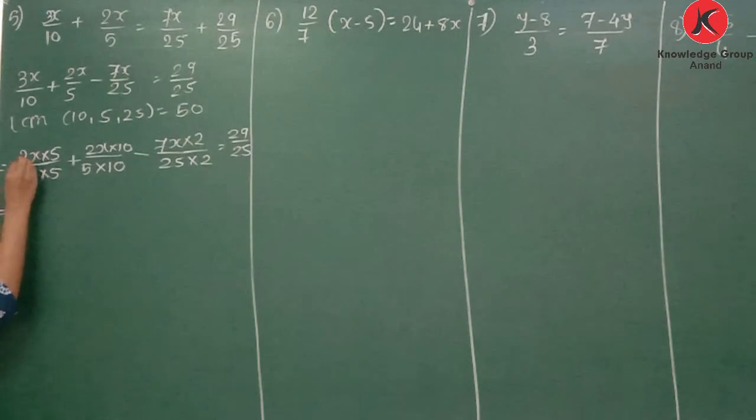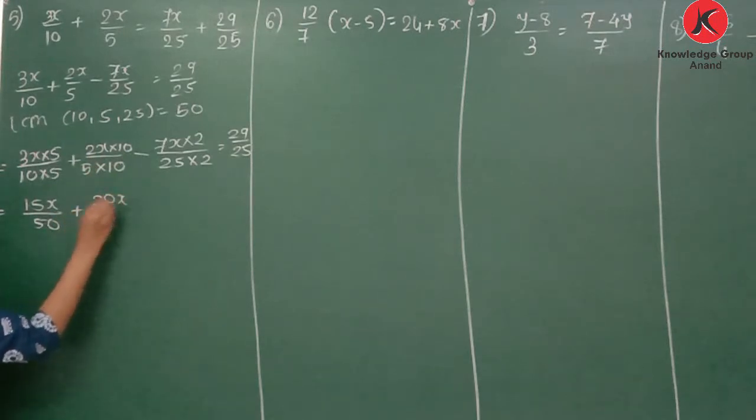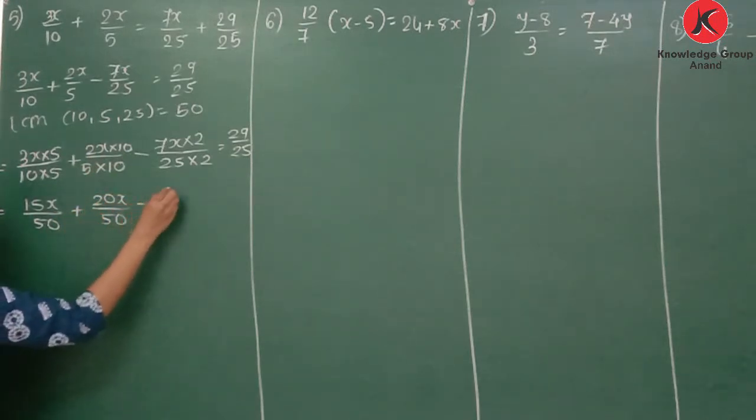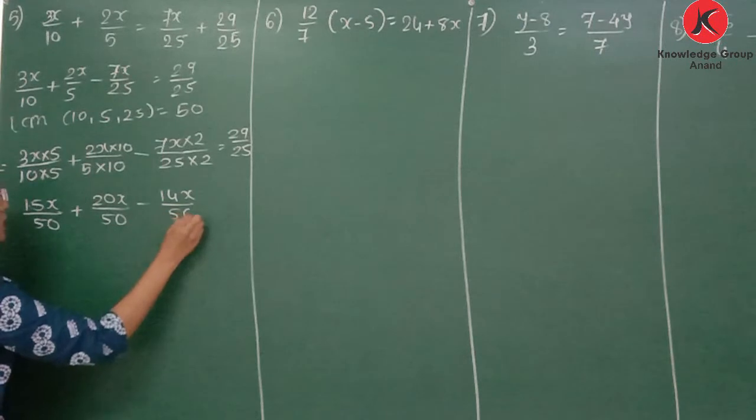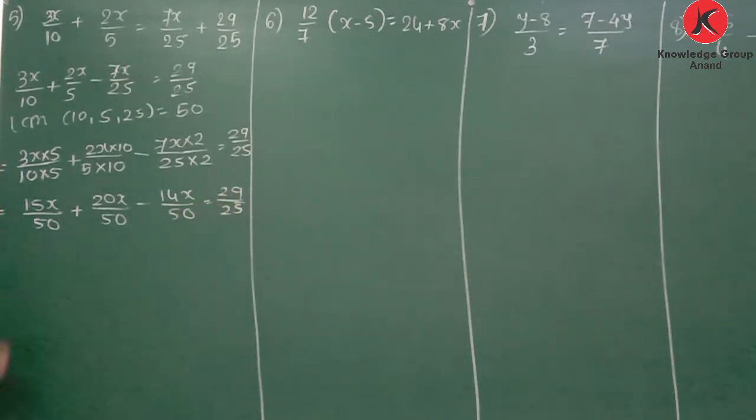Now 3 multiplied by 5, that is 15x, divided by 50, plus 2 tens are 20x, divided by 50, minus 14x, divided by 50, is equal to 29 divided by 25. Now you can see the denominator is the same now.